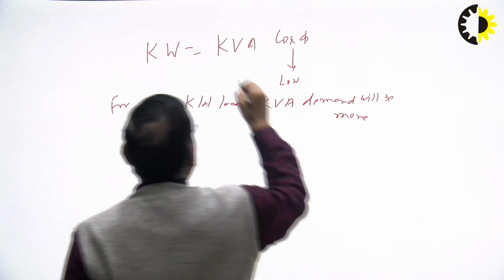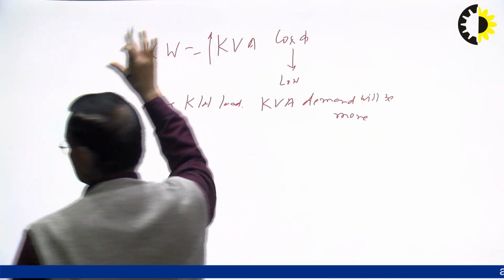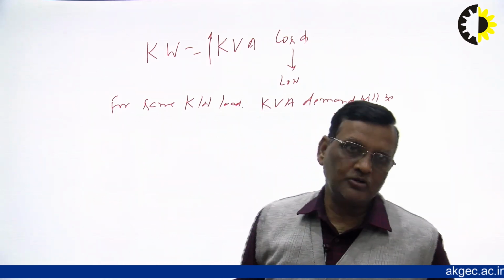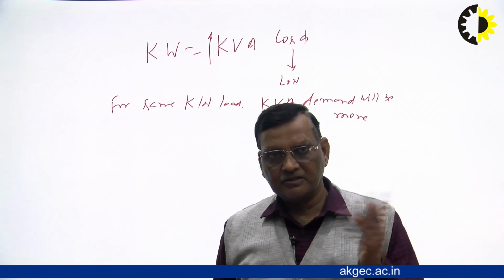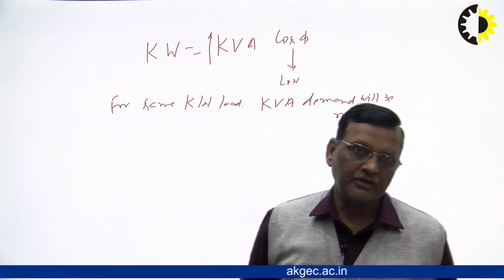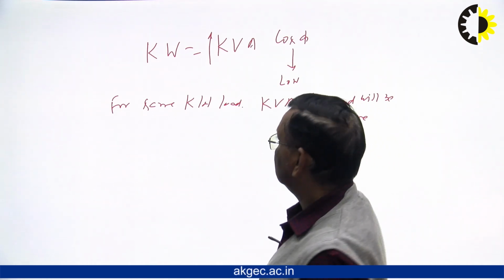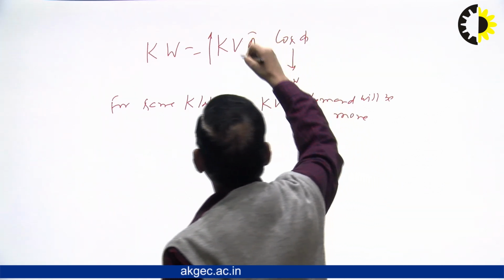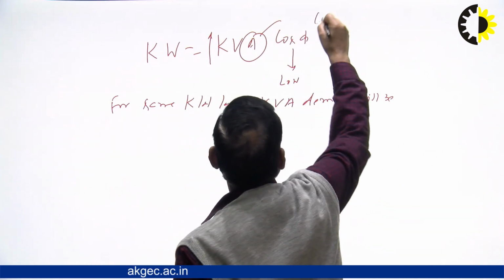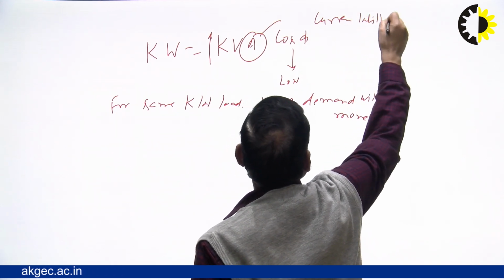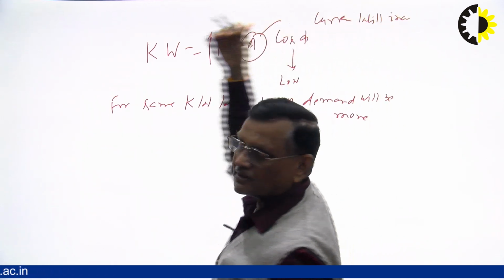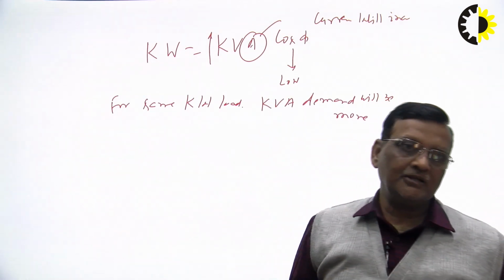To match the load rating, if the power factor is low, then the kVA demand will be more. Once the kVA demand is more, then the current will increase. Increase means the RMS value of the current will increase, then the losses will increase.